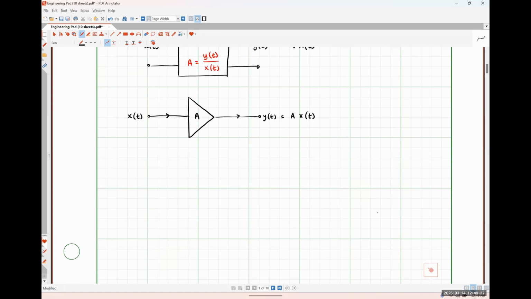So what I'm going to do is construct a simple table here. I'm going to put input signals on the left-hand side, output signals here in the middle, and then the amplifier type or name will be over here on the right.